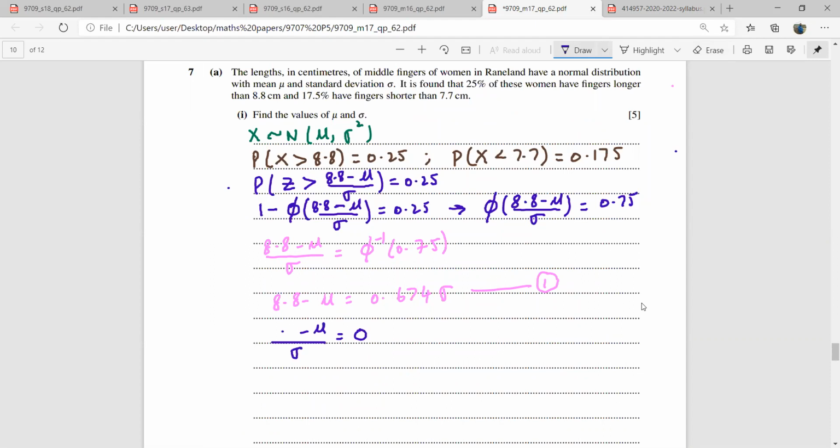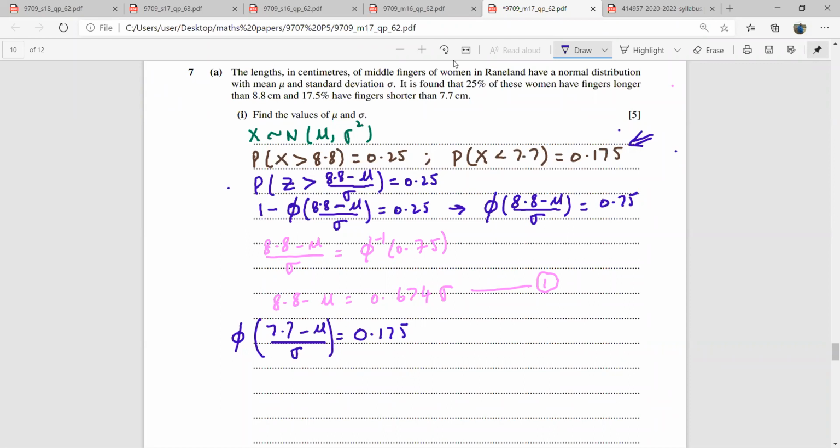So now we have to use 7.7 in this equation. So this is (7.7 minus mu) over sigma equal to 0.175. Now here's a problem, guys: this was the less than sign, so this is phi of this, and this is a probability less than 0.5. We will not be able to find the phi inverse of this, so we have to make this value negative.